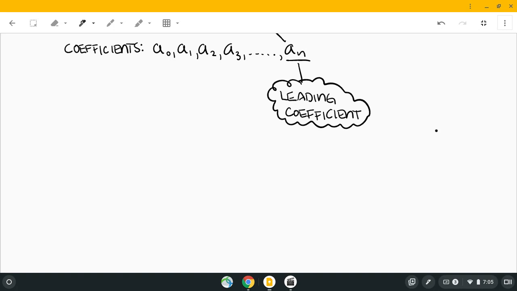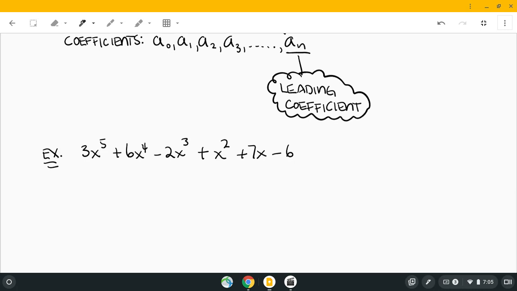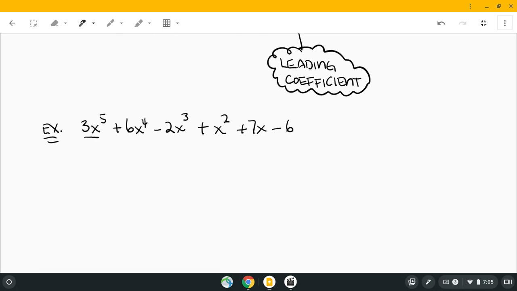So for example, if I have this polynomial 3x to the 5th plus 6x to the 4th minus 2x cubed plus x squared plus 7x minus 6, this is all in order, so the leading term would be this one over here.